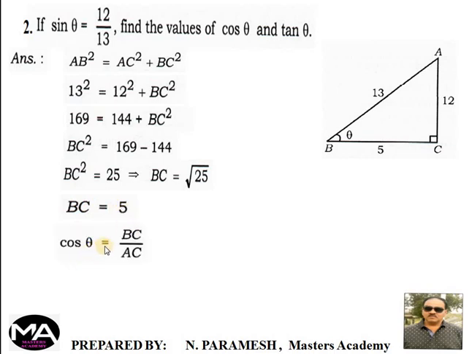Cos theta is nothing but adjacent side by hypotenuse. Adjacent side is BC, by hypotenuse is AB, that is equal to 5 divided by 13. Next, tan theta is equal to opposite side by adjacent side, that is equal to AC by BC, that is equal to 12 divided by 5.